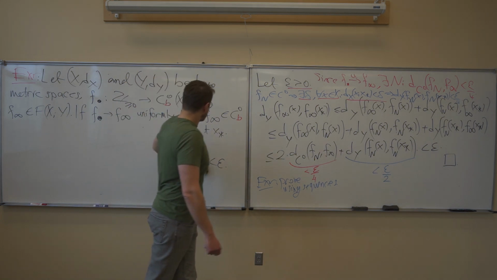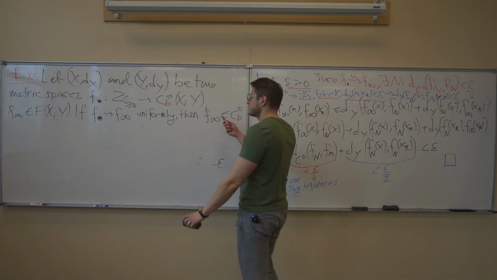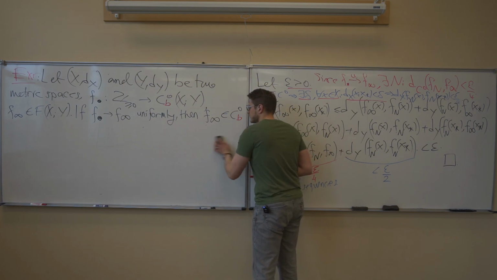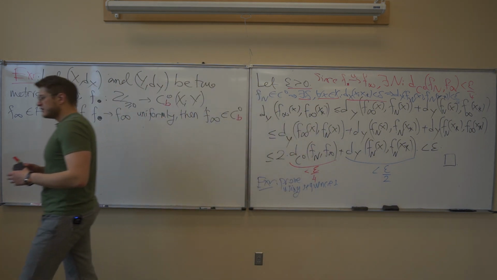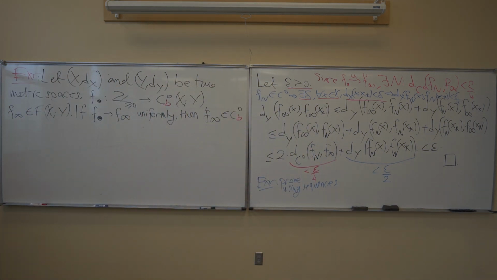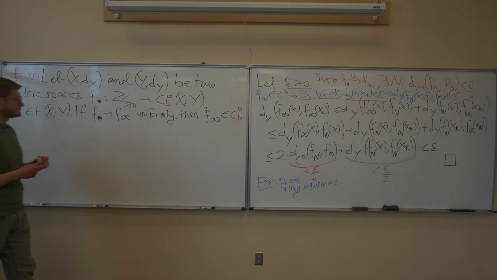Now there's a more concise way of summarizing this situation. You can say that the subset of continuous functions from X to Y is a closed subset of the set of all functions.